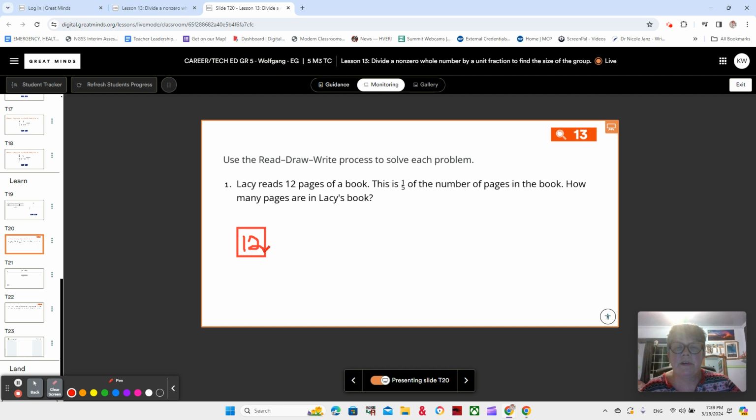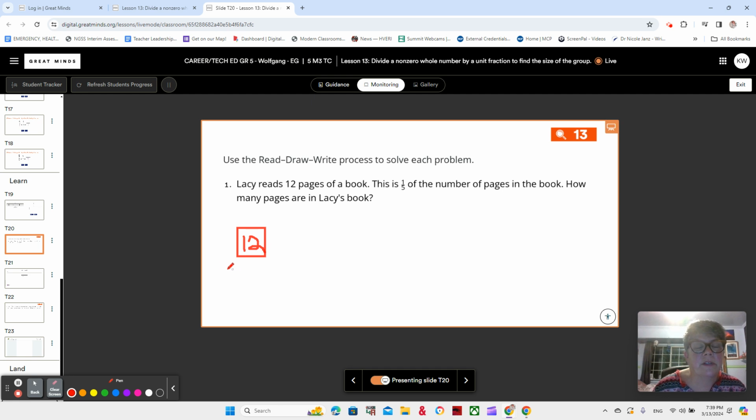This is 1/5 the number of pages in the book. Okay, so what new information do we have? Now we know that 12 is 1/5 of the pages in the book. To help us show that 12 is 1/5 of the book, let's start a number line below our tape diagram.